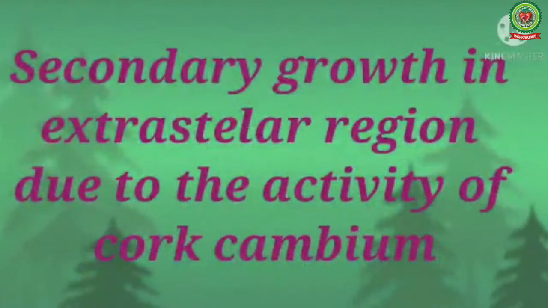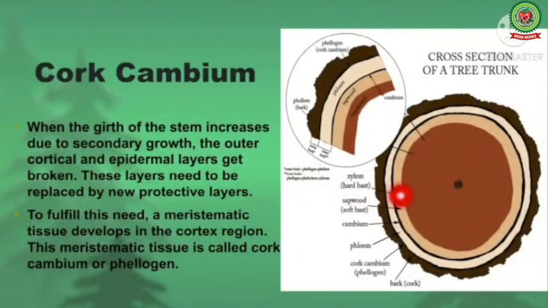Now, let's see the secondary growth in the extrastelar region due to the activity of cork cambium. The marked increase in diameter or thickness of the stem brought about by the secondary thickening exerts a great pressure on the outer tissue.